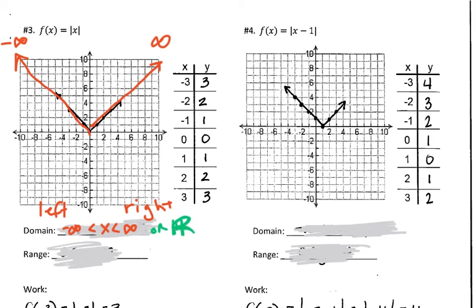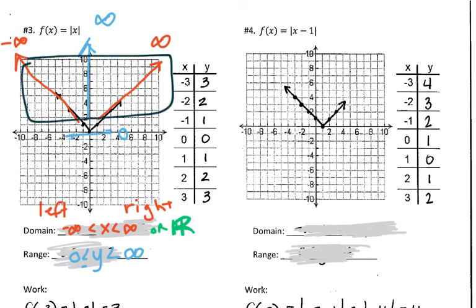There we go. And then for our y values, we're going to end up talking about how low does it go, which is 0. Does it include 0? Well, yeah, it's a solid dot there, so definitely includes 0. And then how far up does it go? It goes to infinity. So you're kind of making this like viewing box, like how far or how much is included where this graph sits.